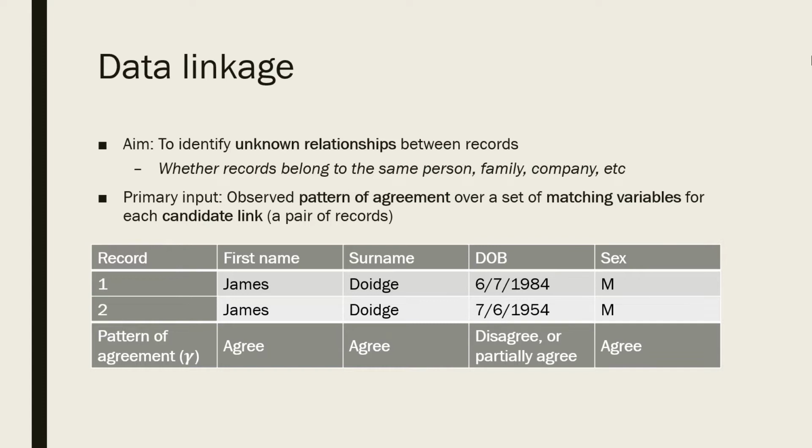Now, in terms of assessing agreement, rather than just binary agree, disagree, we might want to take a more nuanced comparison. For example, by looking at these two dates of birth, we see that they're actually very similar. Maybe the day and month got swapped around, and maybe there was an error in the year of birth. So that we could assess that as partial agreement rather than full disagreement.